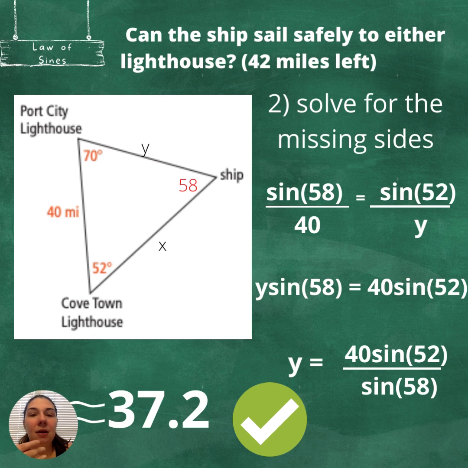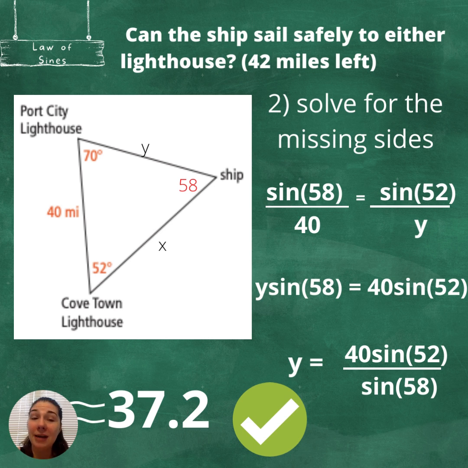Again, I'm just picking variables to represent the picture. So I have the sine of 58 over 40 equals the sine of 52 over y. I use cross products and get y sine of 58 equals 40 sine of 52. I isolate my variable by dividing by sine of 58, so I get 40 sine of 52 all over sine of 58.